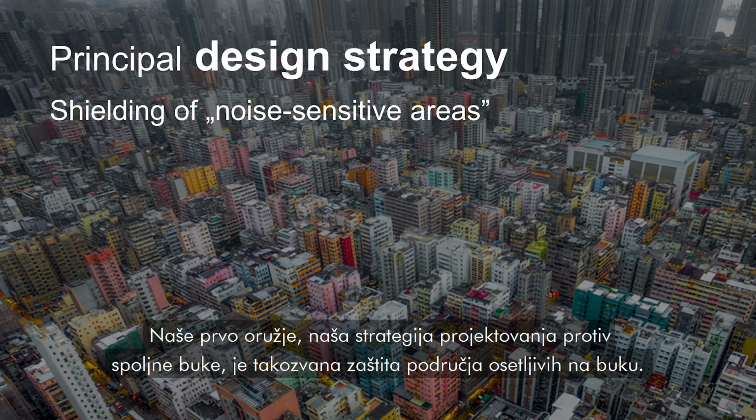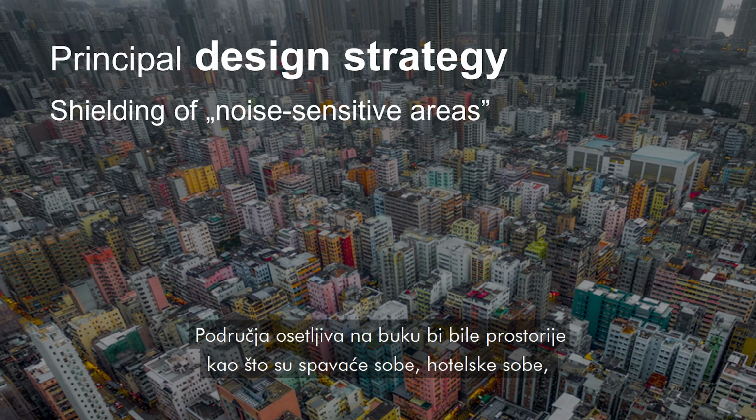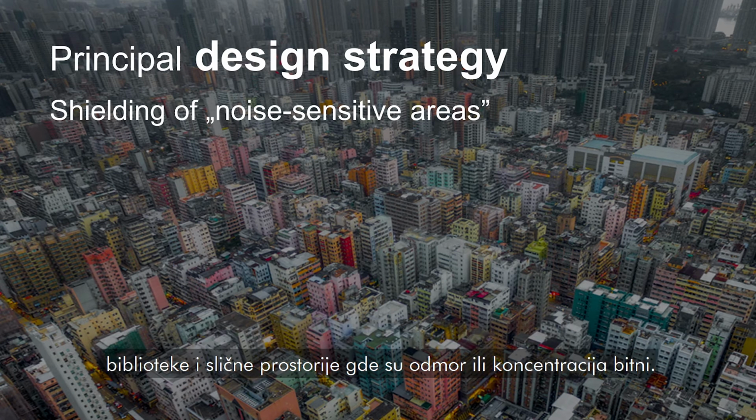And our first weapon as designers, our design strategy against the outdoor noise, is so-called shielding of noise-sensitive areas. So noise-sensitive areas would be rooms such as bedrooms, hotel rooms, maybe libraries, and similar spaces where rest or concentration is important.